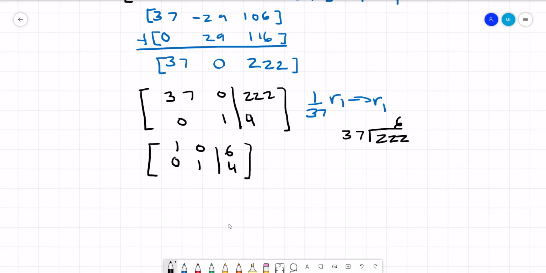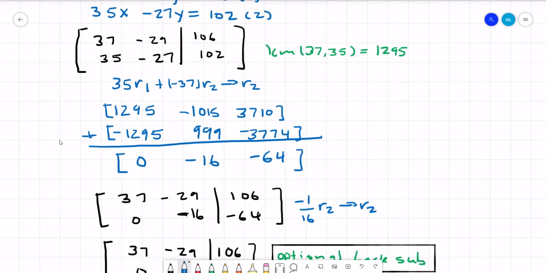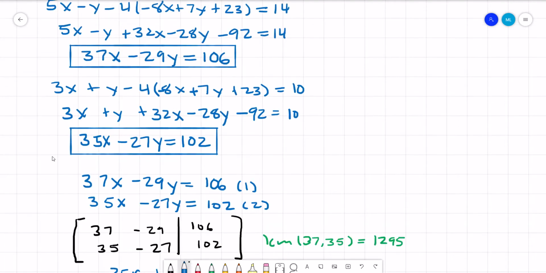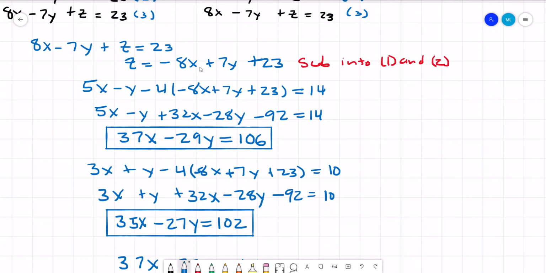Okay, now take into consideration that we just found what x, y is. So we know that x is equal to 6. We know that y is equal to 4. But now the question goes back to, well, what is z then? So if we look back to our original question, we can find that z was equal to negative 8x plus 7y plus 23.